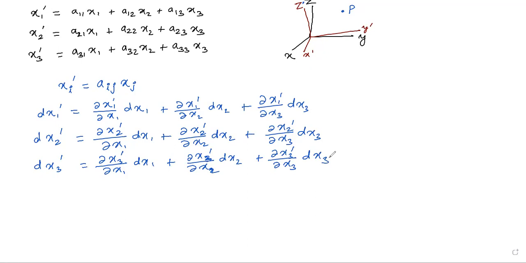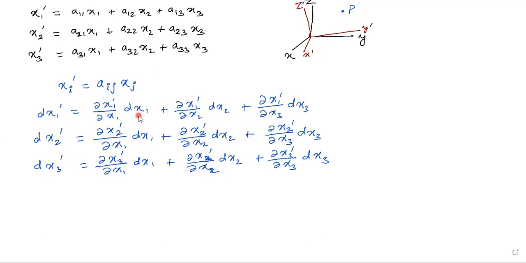So this is the relation between the coordinate differentials for arbitrary coordinates x1 prime, x2 prime, x3 prime. So we are transforming from x1, x2, x3 to x1 prime, x2 prime, x3 prime.